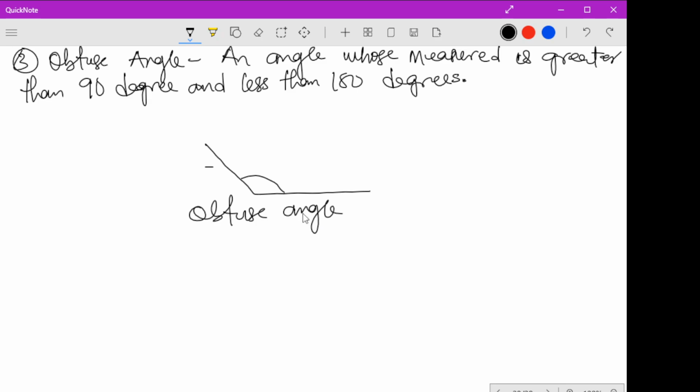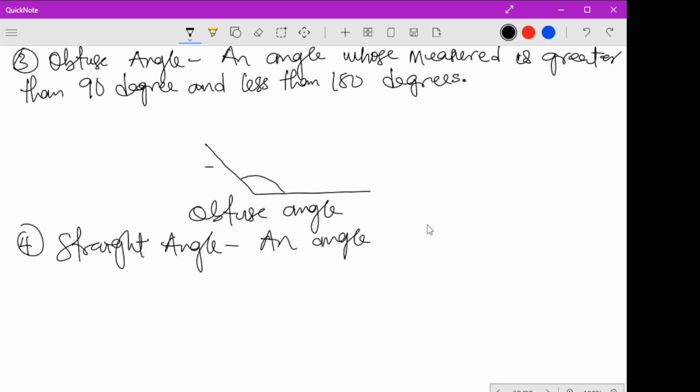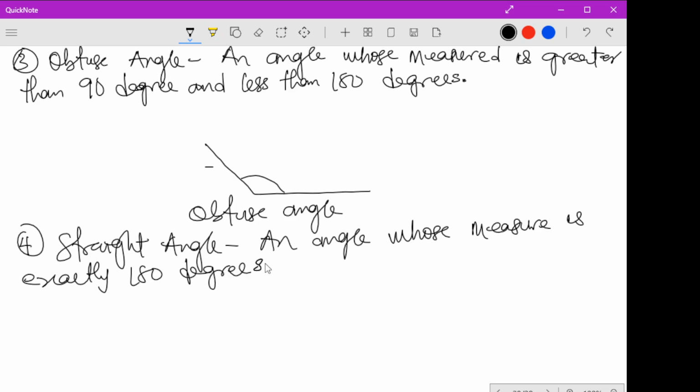So let's now go to the next one. We call it a straight angle. It is an angle whose measure is exactly 180 degrees.